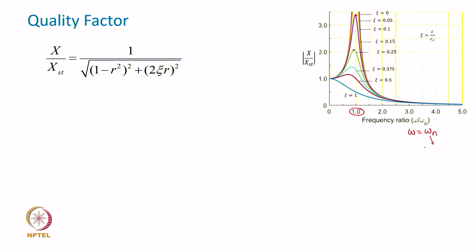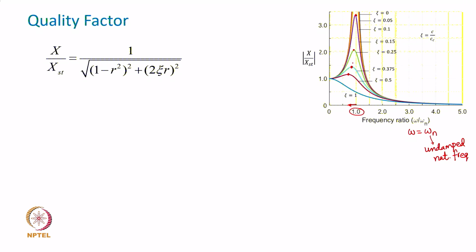Now, what is omega n? This is the undamped natural frequency, mind you. Undamped natural frequency means the natural frequency with damping ignored, but the moment we introduce damping, this peak shifts towards the left of this frequency ratio, which means that the maximum amplitude is observed slightly on the left side of the resonance point, or the point at which the excitation frequency equals numerically the undamped natural frequency of the system.